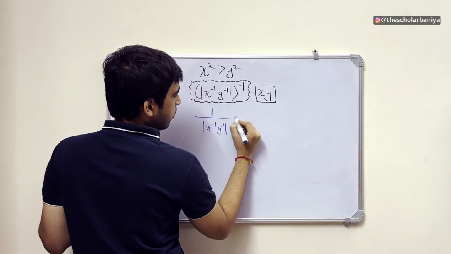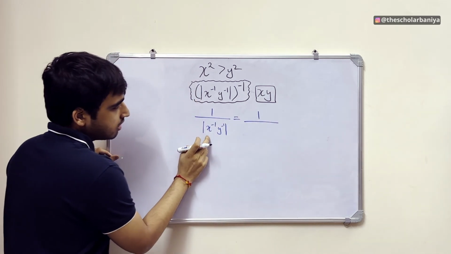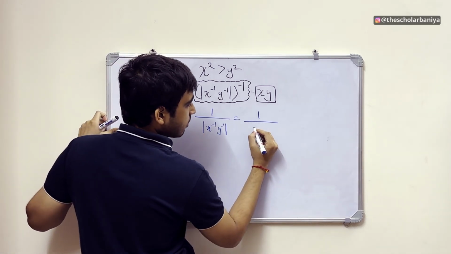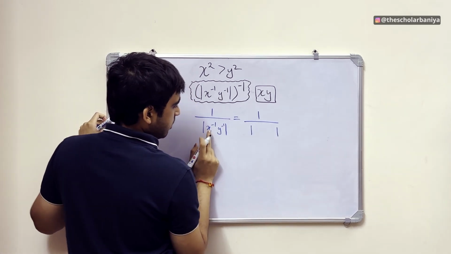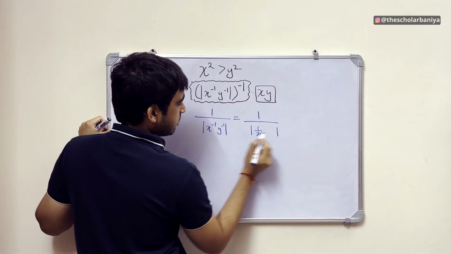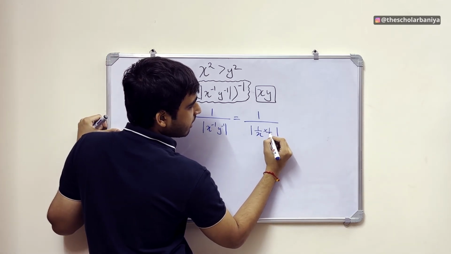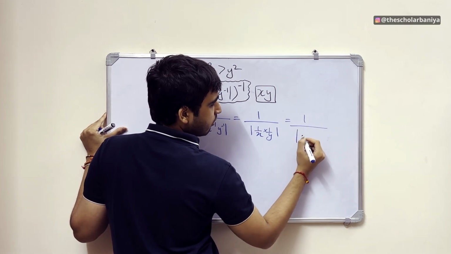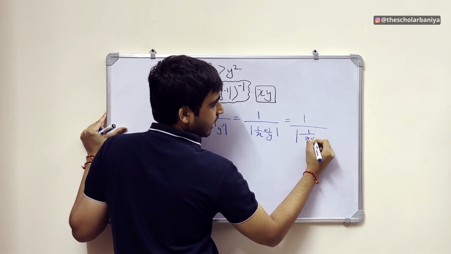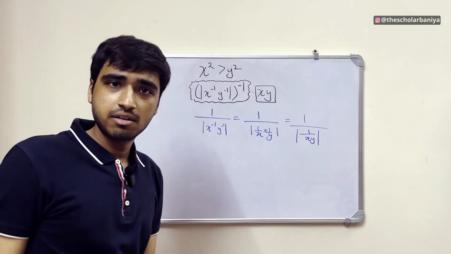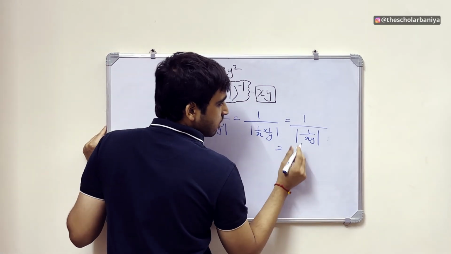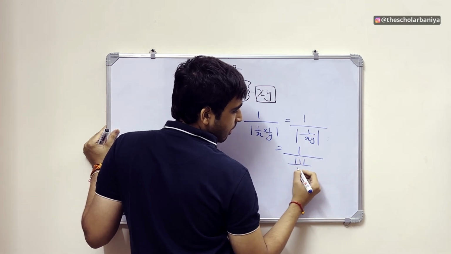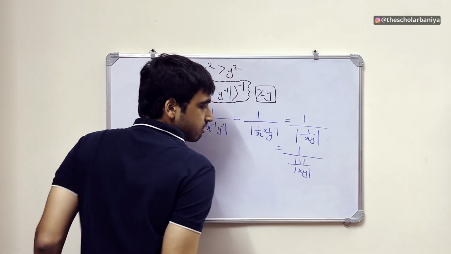Okay, so now again 1 upon, what you can write this as, this is basically mod of x inverse is 1 upon x into y inverse is 1 upon y, right? So you can write it as 1 upon mod of 1 upon xy. I hope this is clear, right? Now 1 upon, you can write it as mod of 1 upon mod of xy, right?